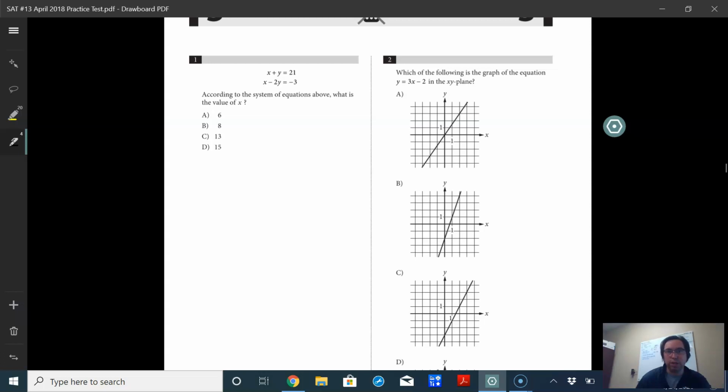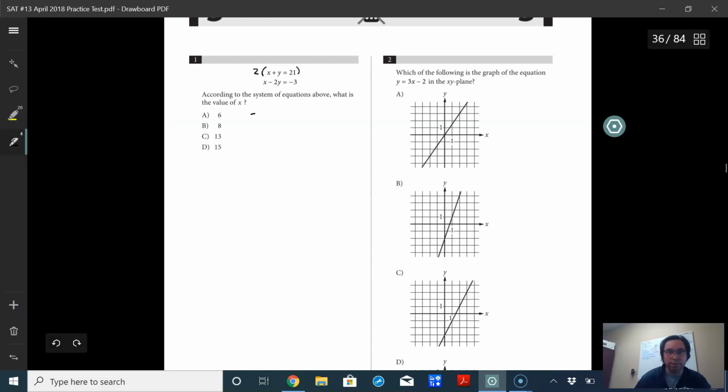Or you could try substitution. But let's try transformation first. We have plus y here and negative 2y here, so we could multiply everything by 2, and that would allow us to eliminate the y.